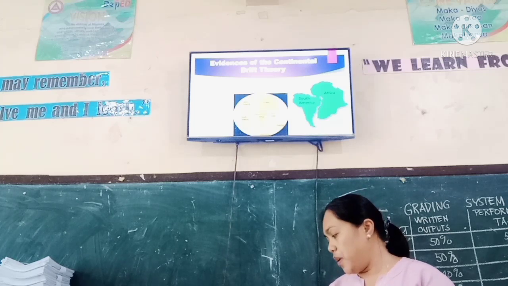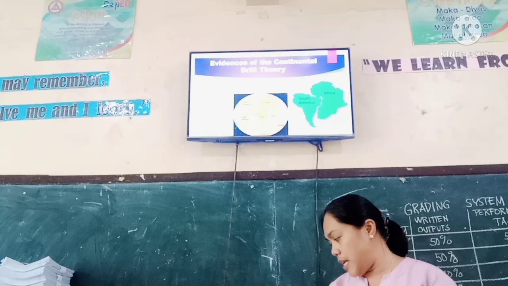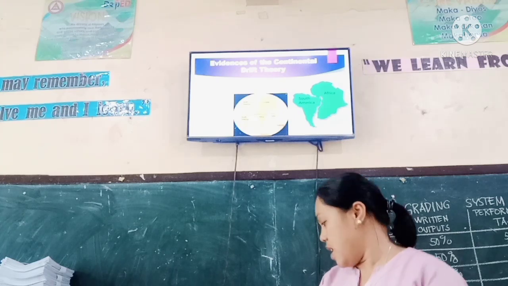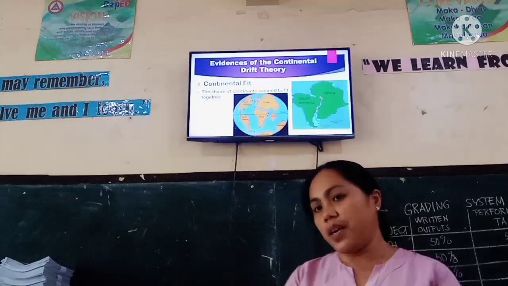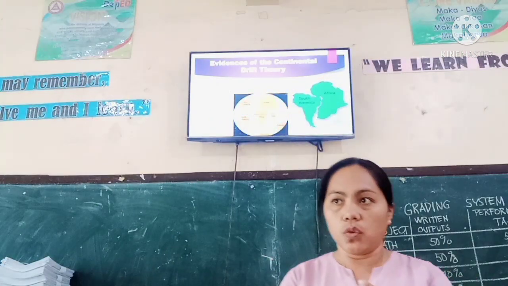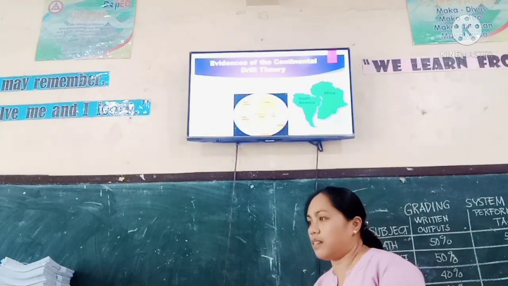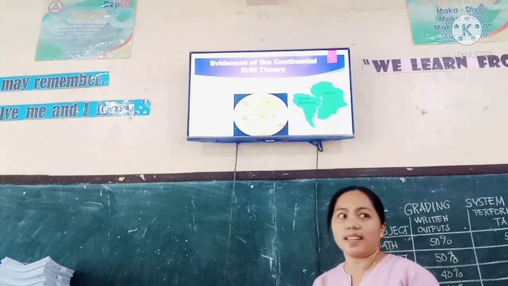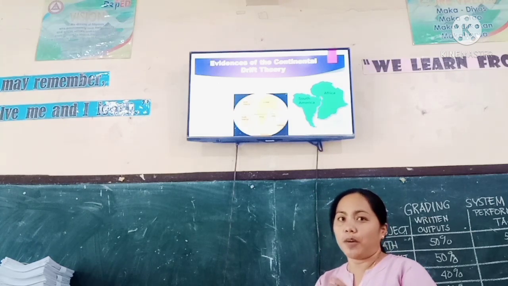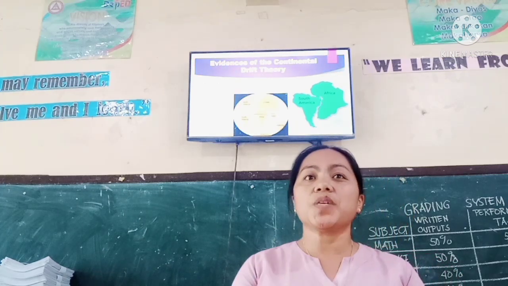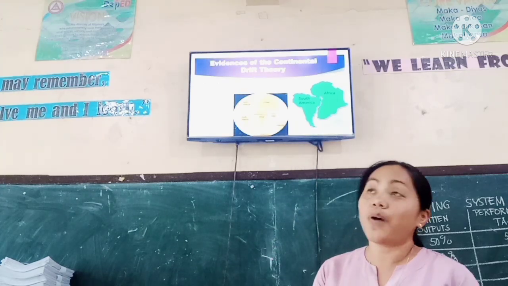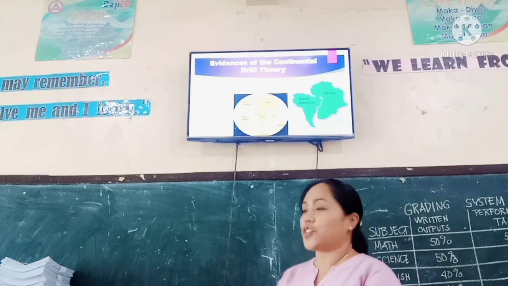The shapes of the continents seem to fit together. As you can see, the edges of Africa and South America, if you take them and put them together, seem to fit. So, with that, Alfred Wegener proved that the continents belonged to one another.